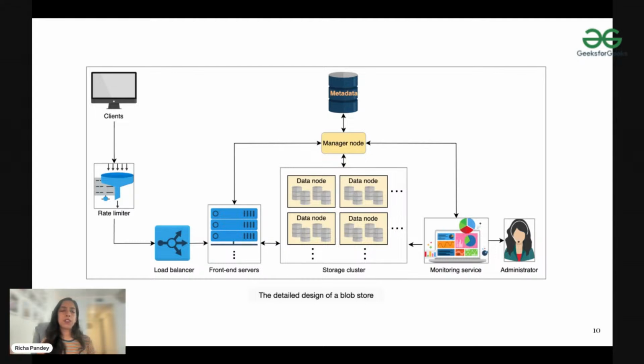If it's a small startup, let's say they just have one database that handles all the requests, and that database can handle just, let's say, 10 or 100 requests per second. So it needs a rate limiter to make sure that the one database can handle all the requests that come in. Even if a startup does not have the cost, there are a lot of third party solutions out there.